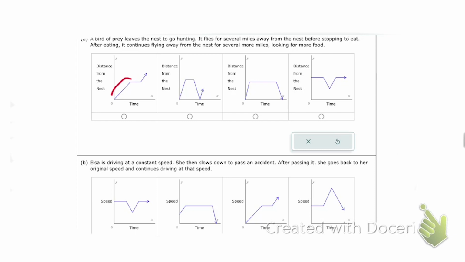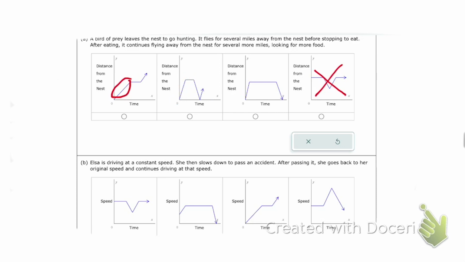So let's look at that. So this is increasing. So over the course of time, the distance from the nest is growing. It's flying away from the nest. This one is going up. This one is going up. Now this one is not going up initially. So this one is no good. We're not going to be using that one.